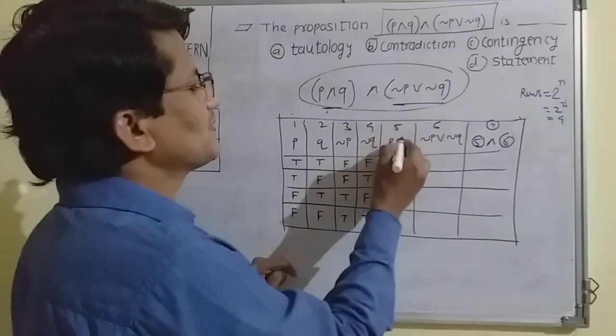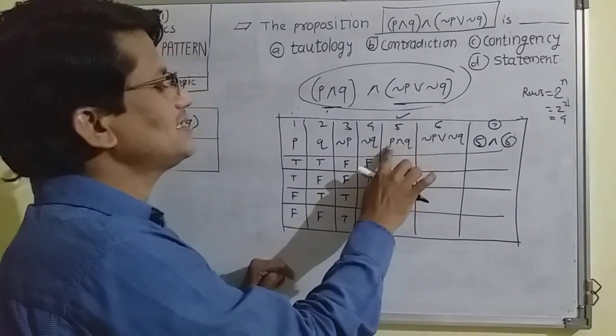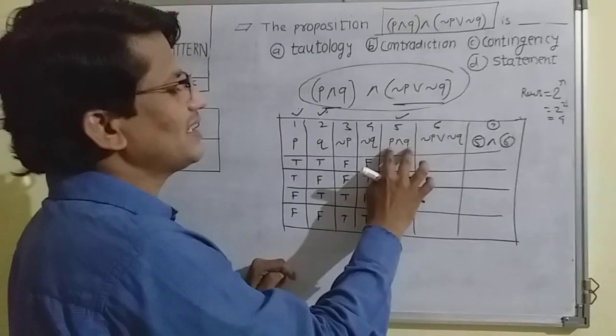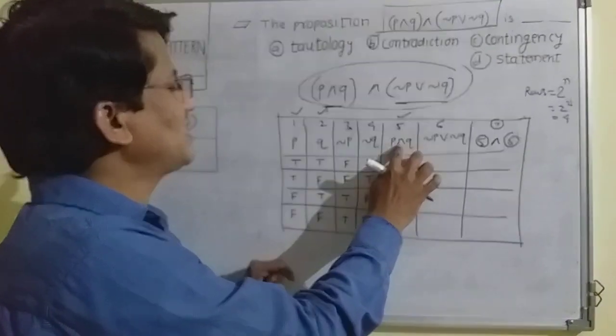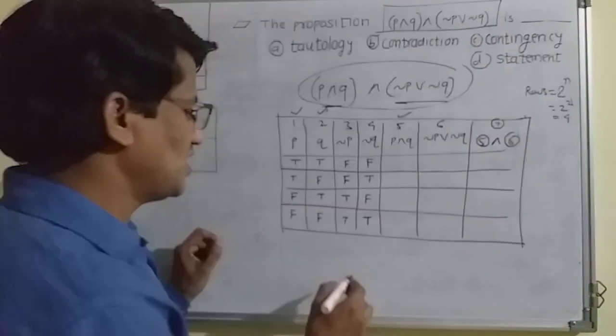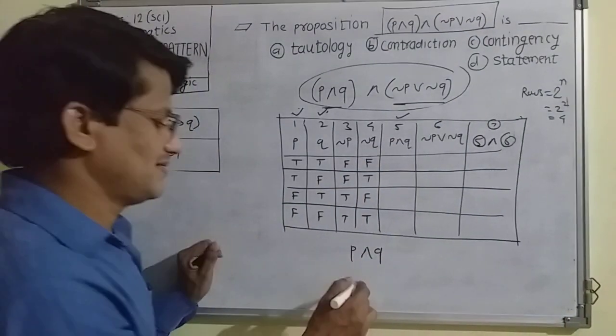What is number 5? Number 5 gives P and Q. P means column first, Q means column second, and they are connected with and. We know the truth table for conjunction.